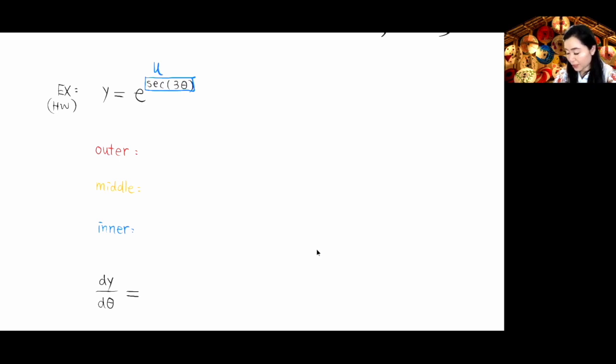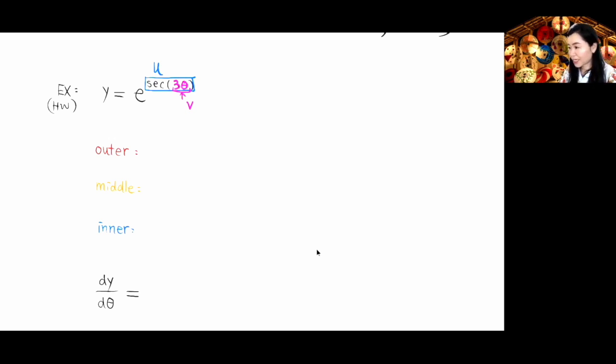Now over here, you have this 3 theta. You can think of it as a single variable, say v. So secant of v is the middle function. And then the innermost function will be this 3 theta.